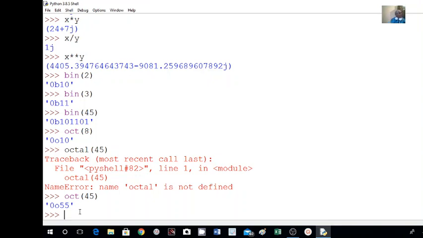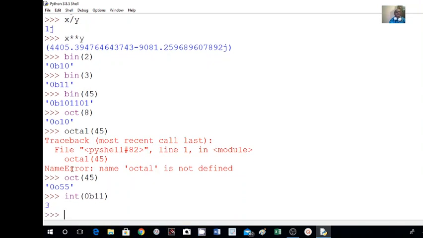Next, if I convert this 1 1 in terms of decimal, what I have to do is write int bracket 0b 1 1, enter. This is equal to 3.